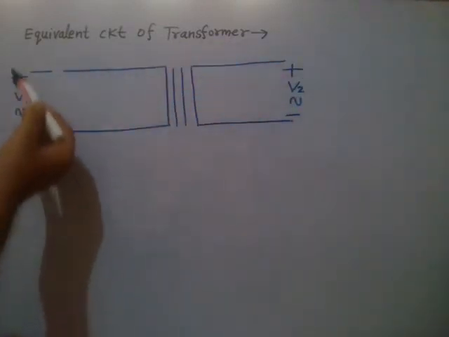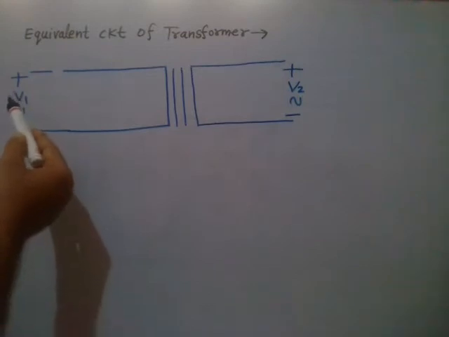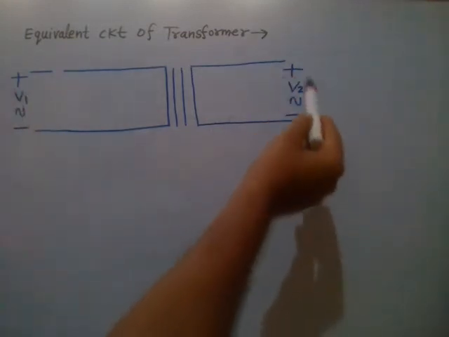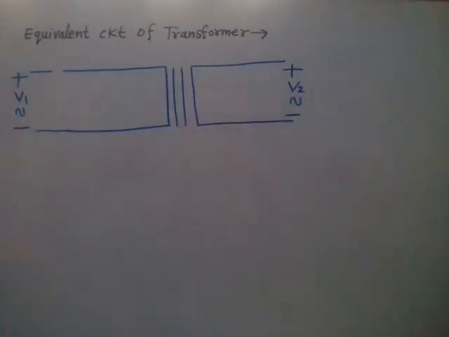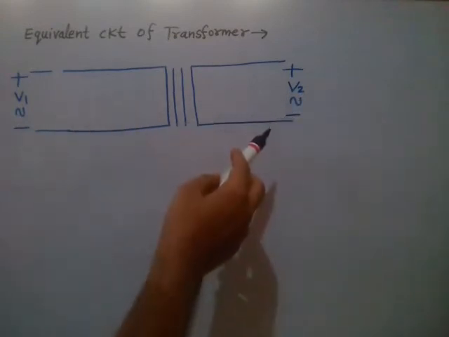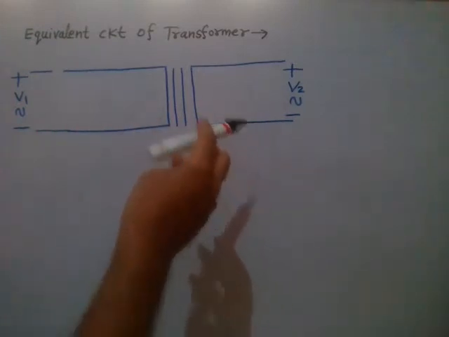This V1 is the applied voltage, it is the symbol of an alternating signal. So V1 is the applied voltage, or you can say source voltage. V2 is the load voltage, that is also alternating, right? So either it will step up or step down the voltage, either it will increase or decrease the voltage, right?